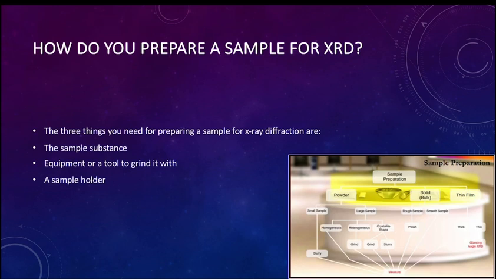How do you prepare a sample for XRD? The three things you need for preparing a sample for X-ray diffraction are the sample substance, equipment or a tool to grind it with, and a sample holder. An ideal powder sample should have many crystallites in random orientations.